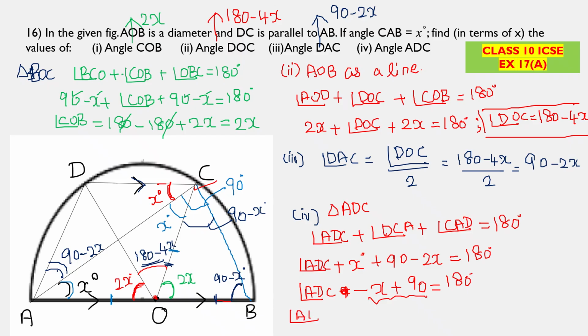So ADC equals 180 minus 90 plus x. So it's going to be 90 plus x degrees.